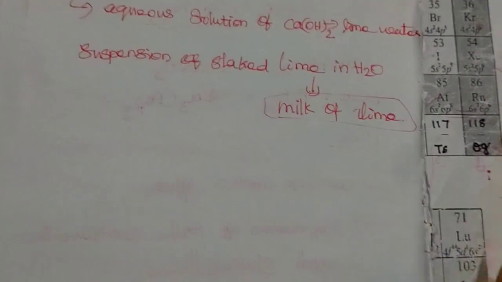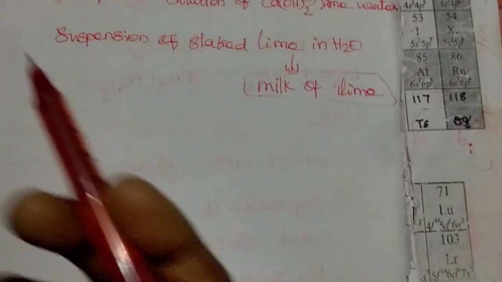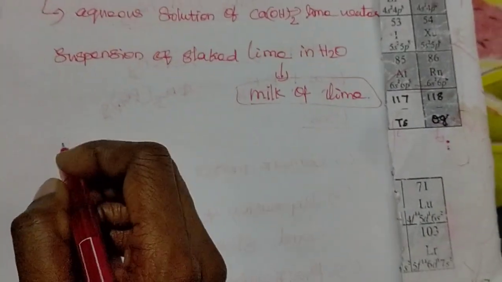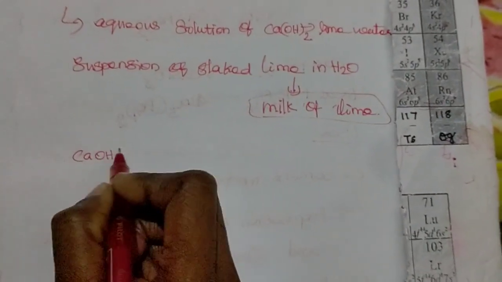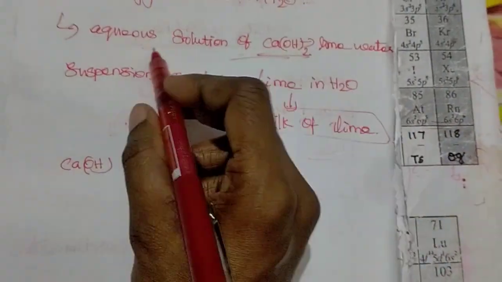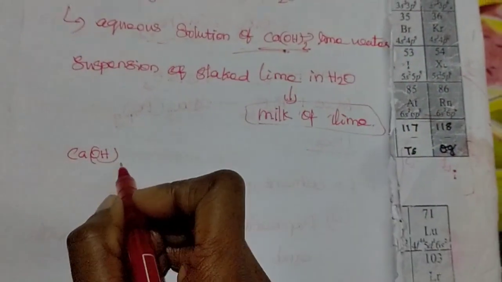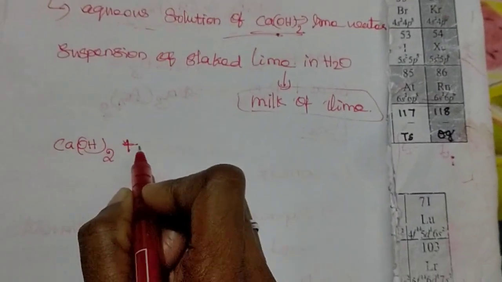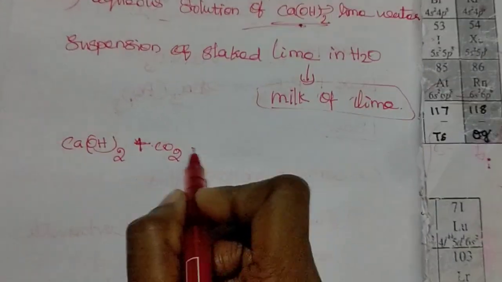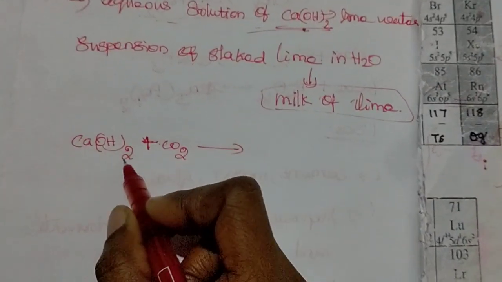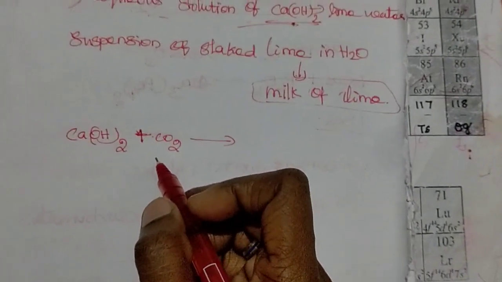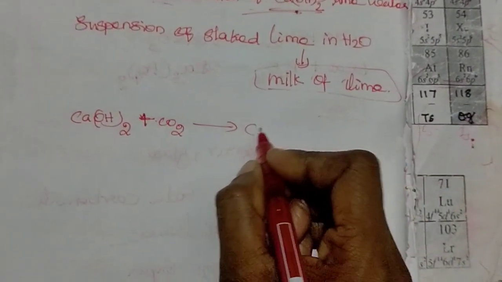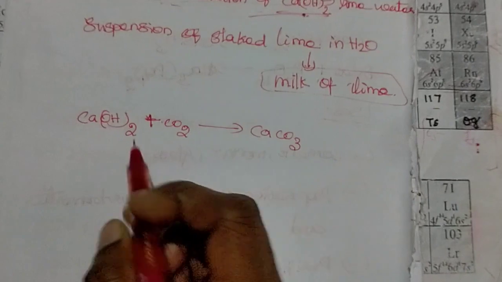Why is the milky solution formed? Because of the formation of calcium carbonate.